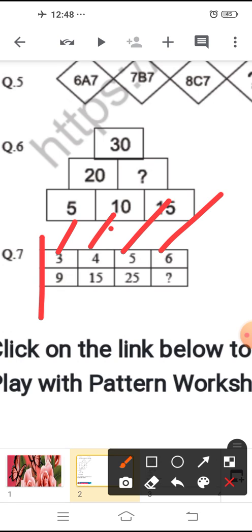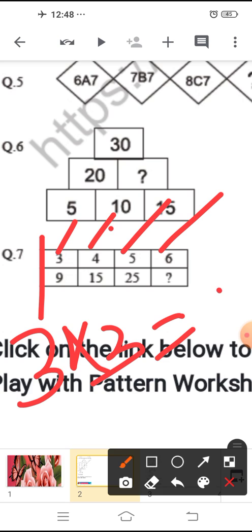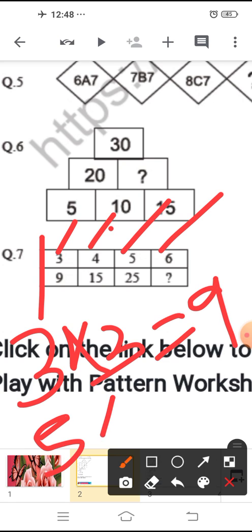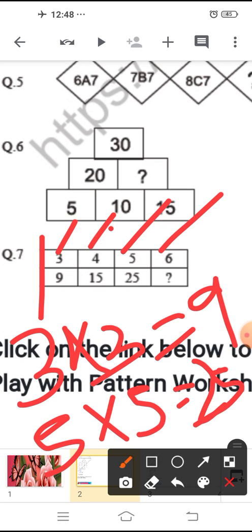Now what we can take here, that will give you the same multiple, means 3 into 3, that will give you 9. 5 into 5, that will give you 25.